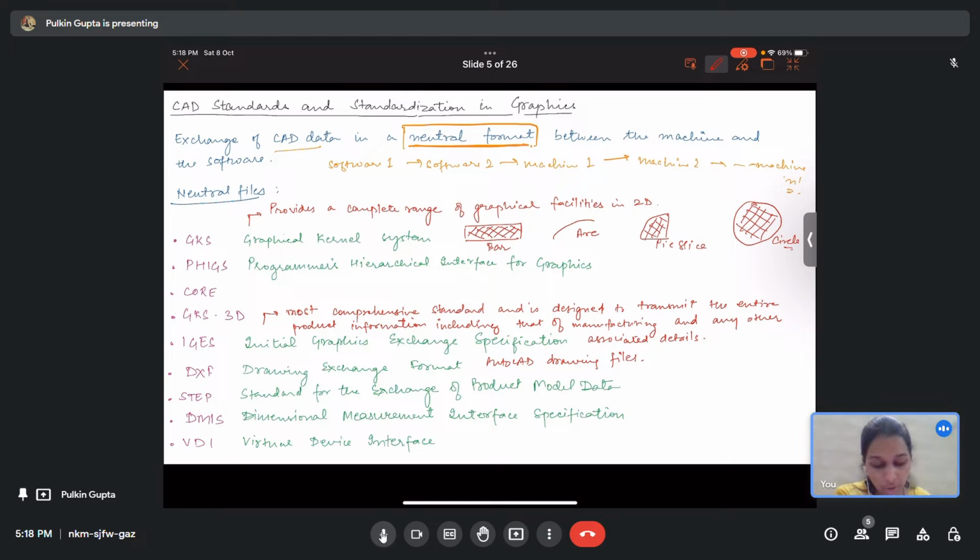Then comes your STEP, which is a standard for the exchange of product model data.